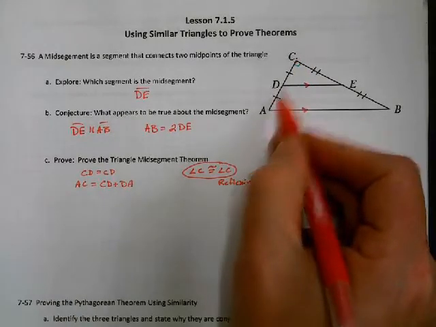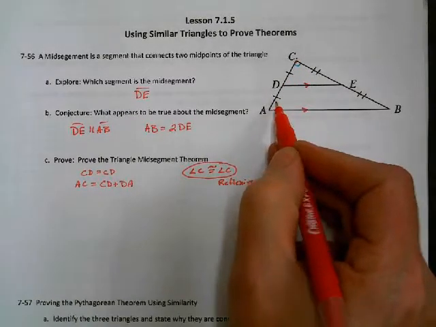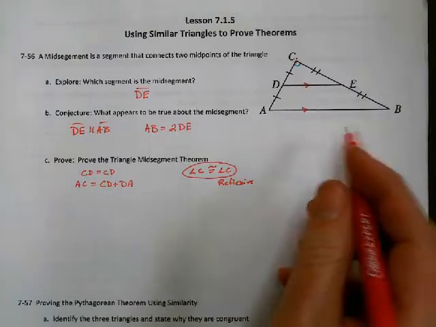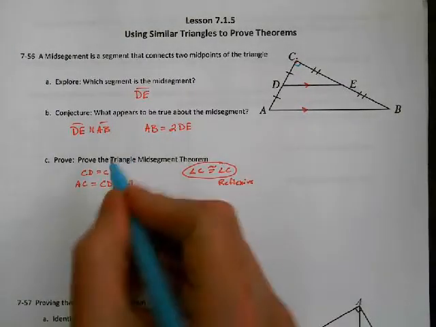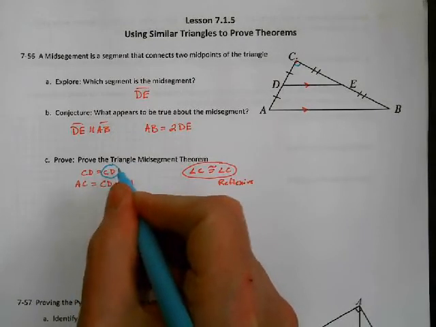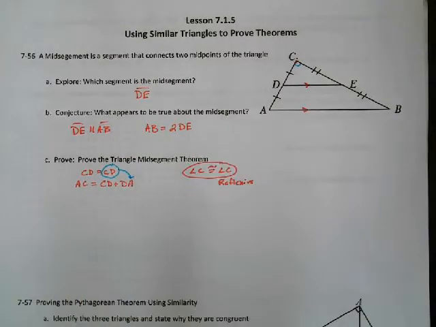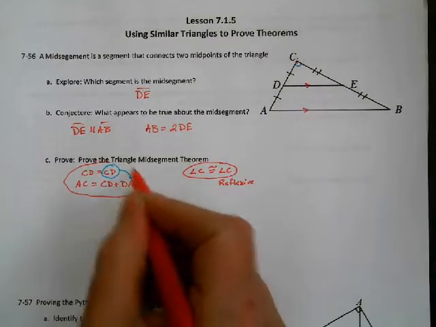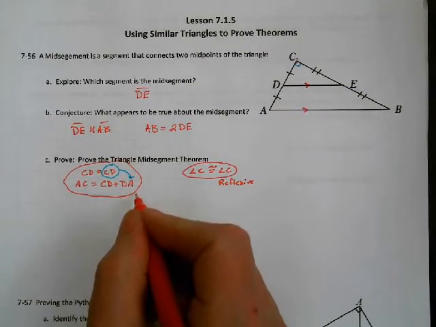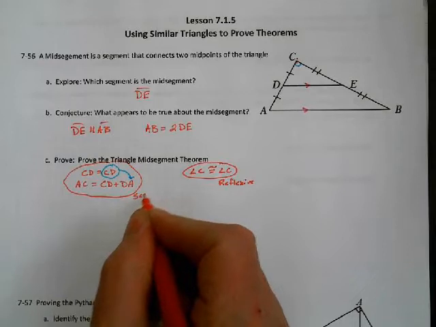So CA is equal to these two parts added together. Then we can use substitution and plug in CD into DA. For this we used given and segment addition. We'll just write segment addition.